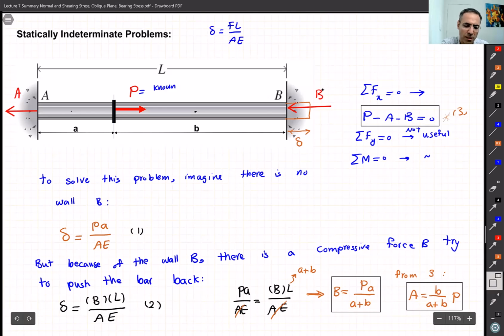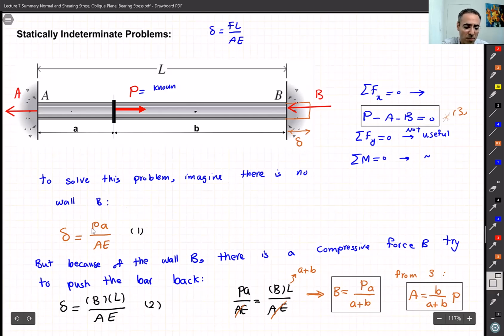Let's go back to the method that we solved this problem, right? So we made an assumption at the beginning, or we imagine, not an assumption. We said that imagine there is no wall B. If there is no wall B, then we know that because of this load P, this bar is gonna stick out, like how much? This delta, right? So far good?